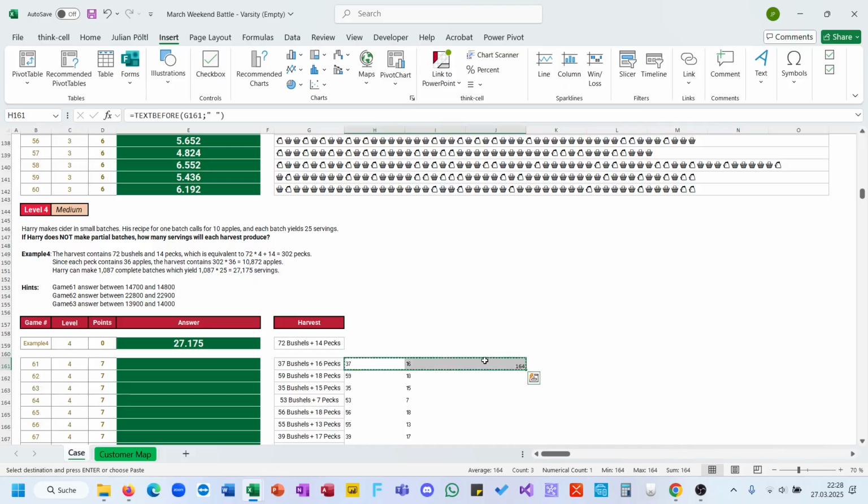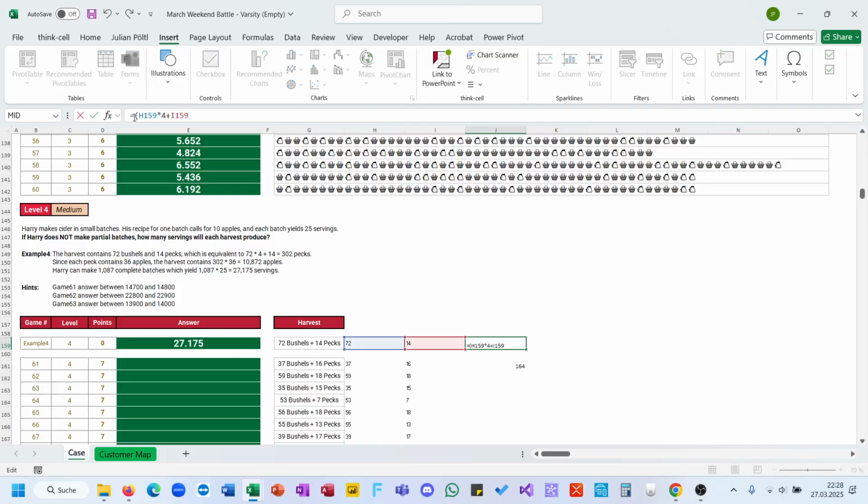Okay, of course. 302 packs, like here. Then multiply it with 36 to get the apples. Divide it by 10. Round it down.